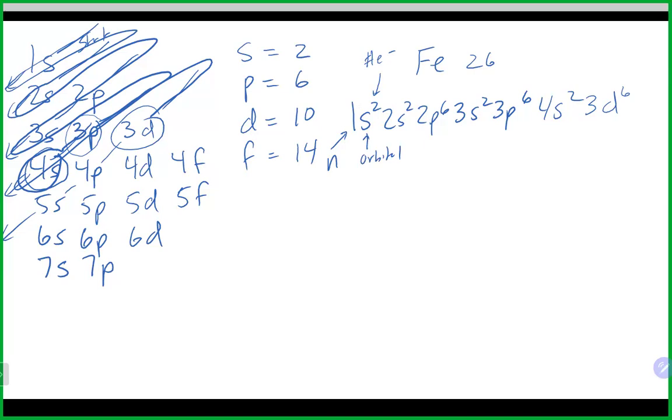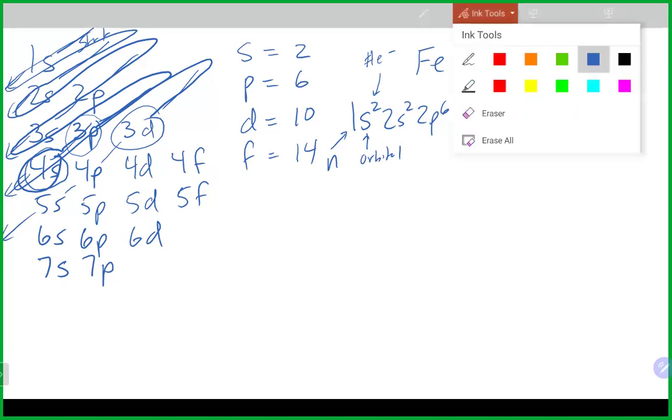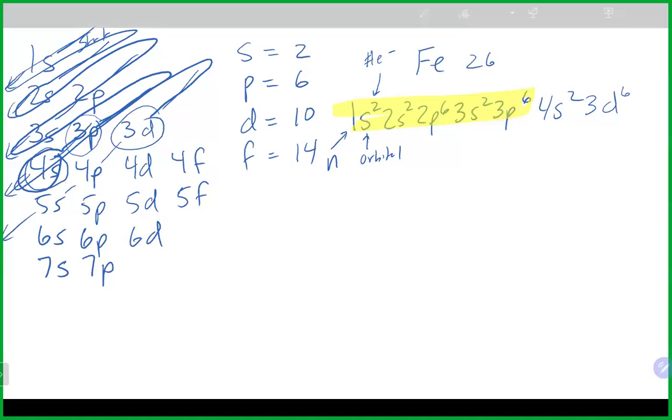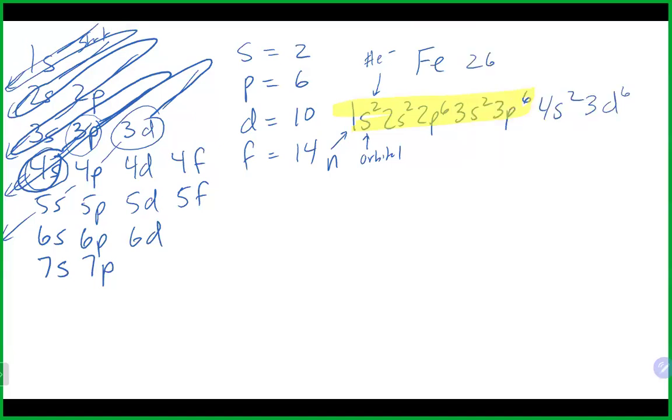There's also a shorthand when you're writing electron configuration. If we look at this up to this point right there, that is 18 electrons. And if we look on the periodic table, number 18 is argon. We could shorthand this as argon in brackets, and that's basically saying that is the electron configuration, followed by 4s2, 3d6 in this case.